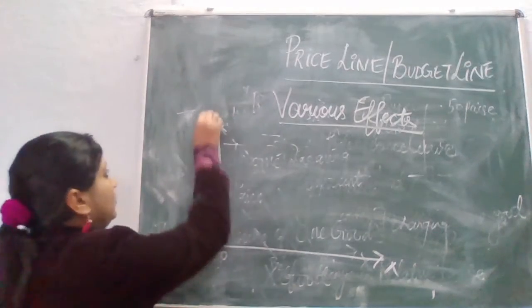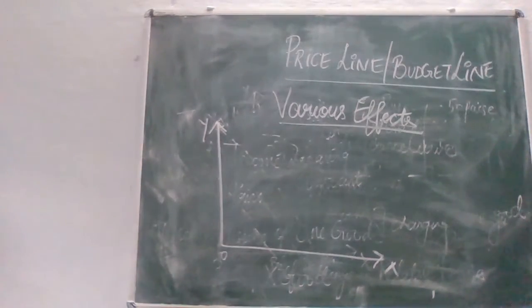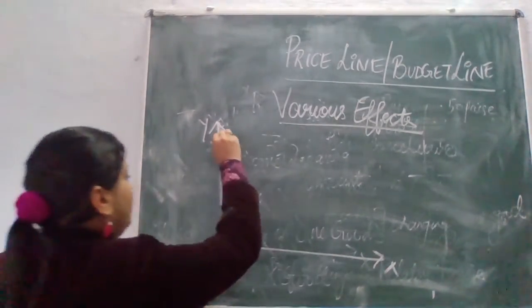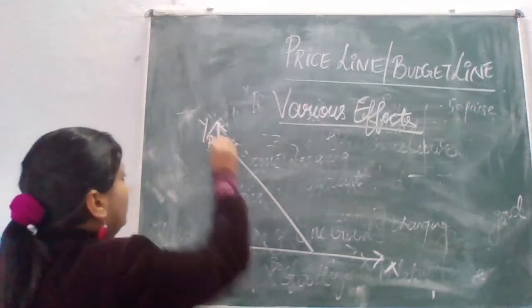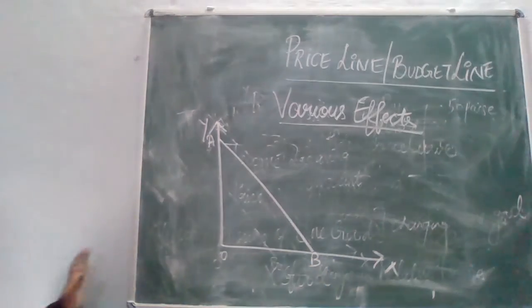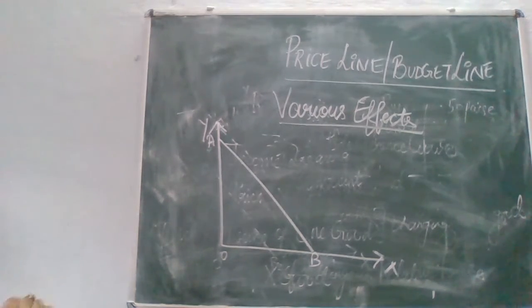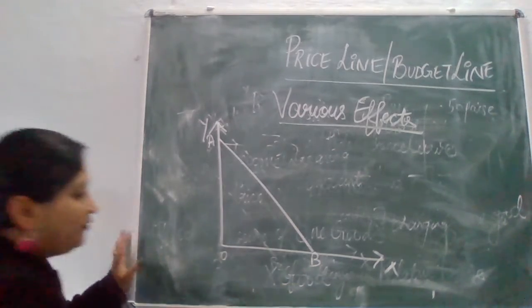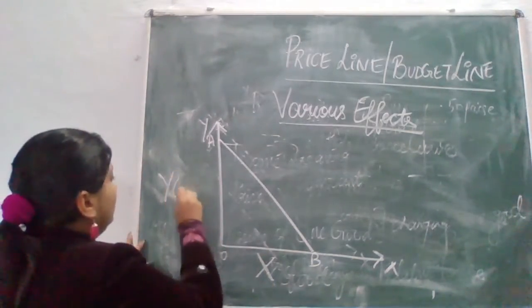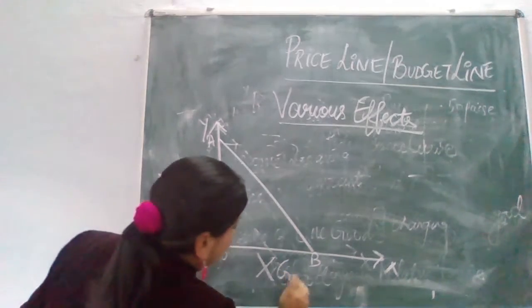Okay, so if we look at the diagram, x-axis and y-axis. Our initial price line was this, AB. So initial price line is AB. So if the price of X falls, all other factors remaining constant, agar X good ka price, this is your X good and this is your Y good.